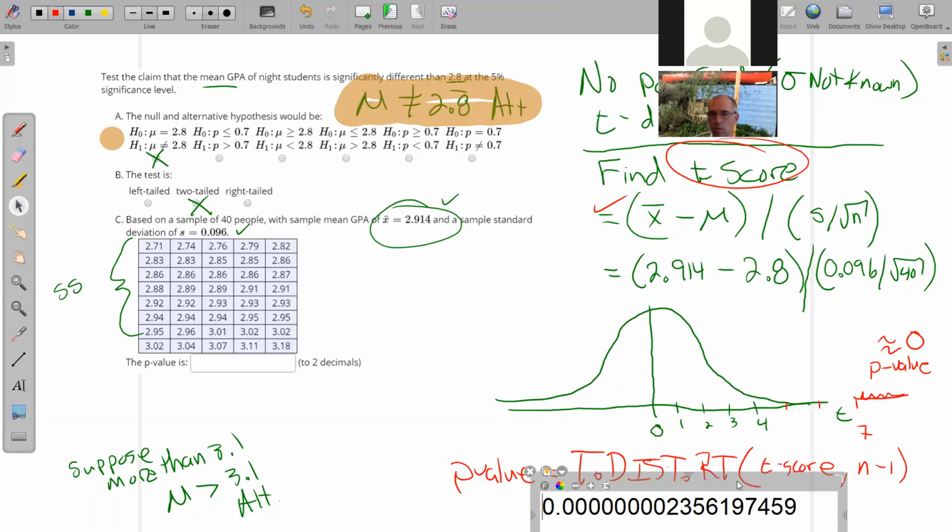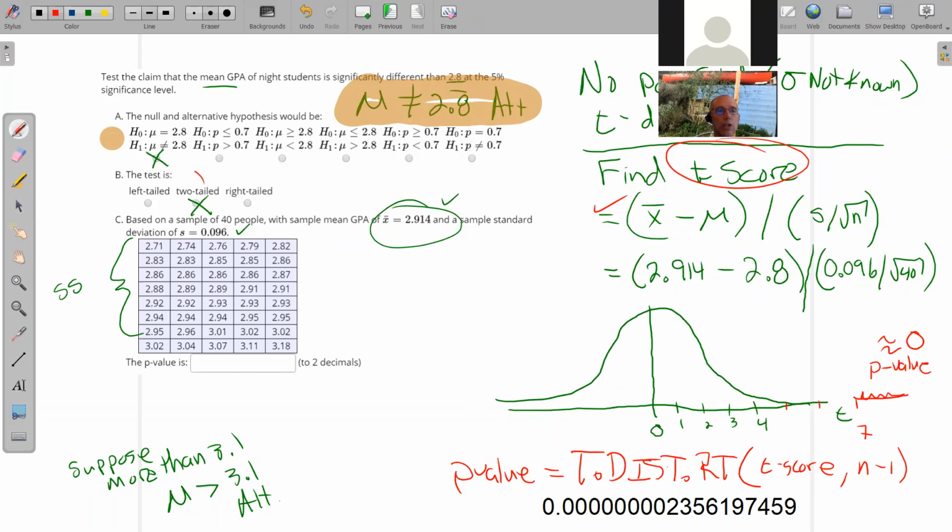All right, so I was guessing it was about 0 because I thought a z-score, again, is like a t-score. Usually data is within like 3 standard deviations, maybe 2. We're at 7. Now, this is a two-tail test, right? So whatever happens out here, I have to reflect to the other side.